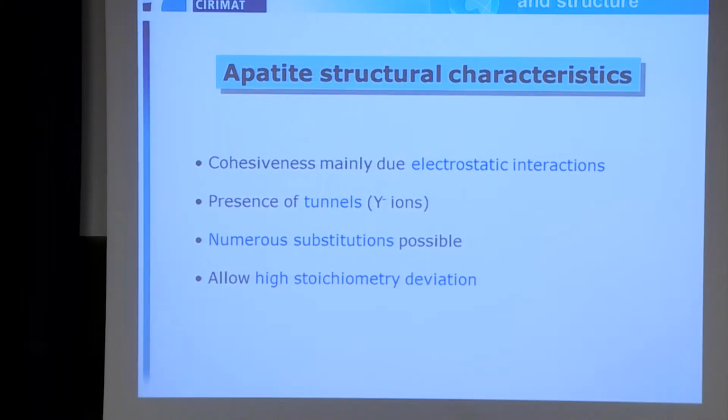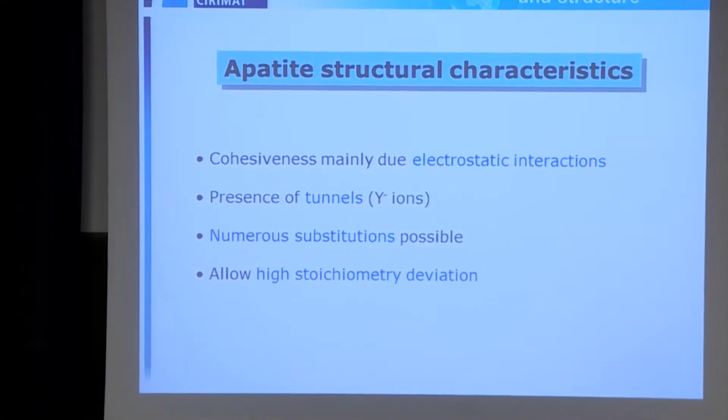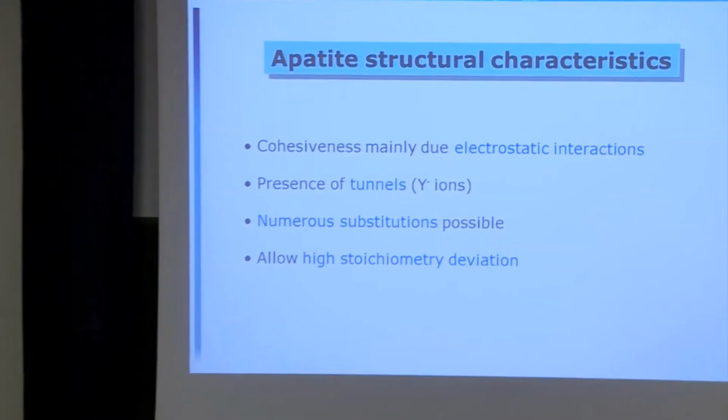If we look at the structural characteristics, apatite is an ionic compound. So the cohesiveness of the apatite crystals is mainly due to electrostatic interactions. Also, the presence of tunnels inside the structure allows some anions to be incorporated or to disappear from the structure. There are also numerous possible substitutions, and a very large domain of non-stoichiometry.